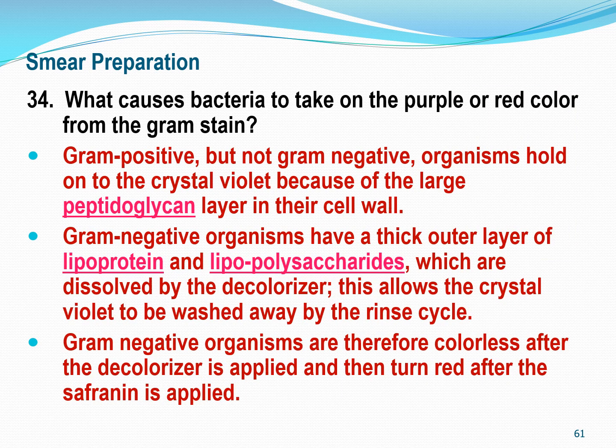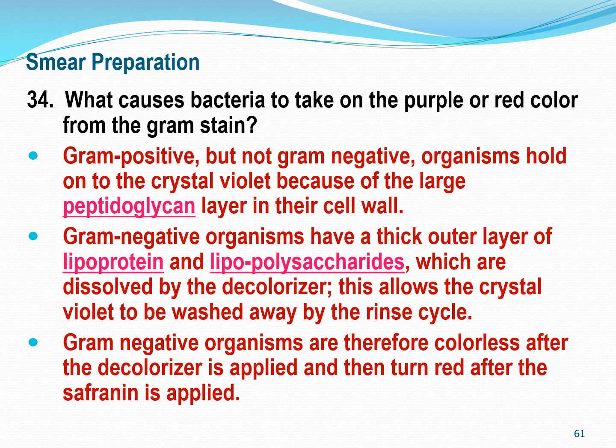What causes bacteria to take on the purple or red color from the gram stain? Okay, remember, gram-positive but not gram-negative organisms hold on to the crystal violet because of the larger peptidoglycan layer in their cell wall. Okay? Gram-negative organisms have a thick outer layer of lipoprotein and lipopolysaccharides, which are dissolved by the decolorizer.